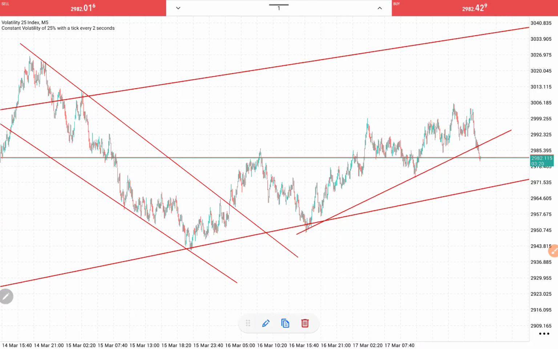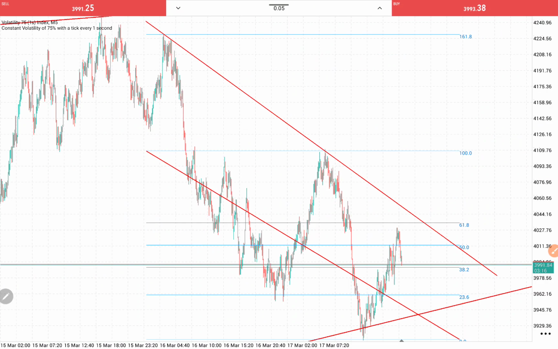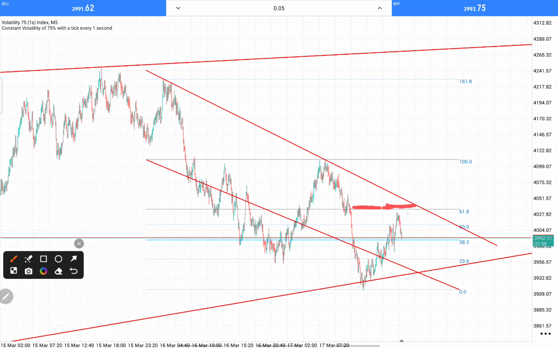So this is for VIS 25. Let me just go to another one. I was talking about the 75 1s index before, and I was looking at this Fibonacci 6.1. Unfortunately, the market did not get here.